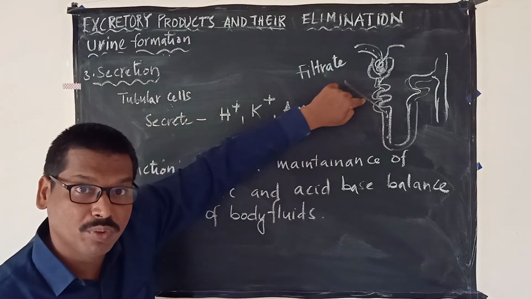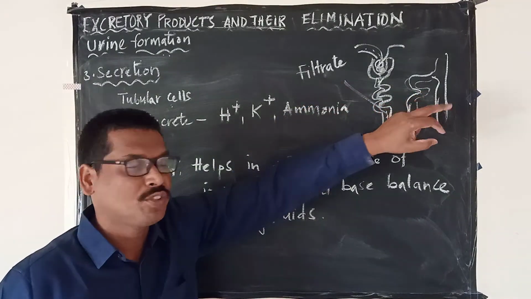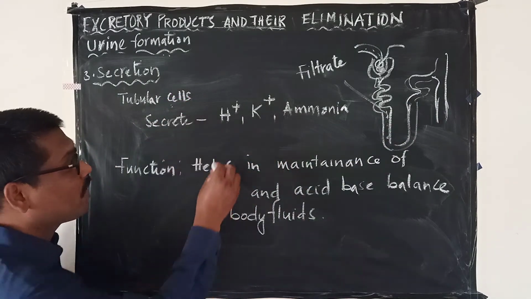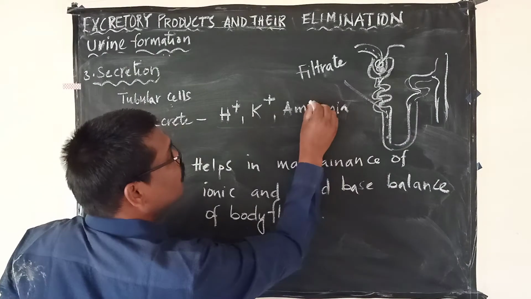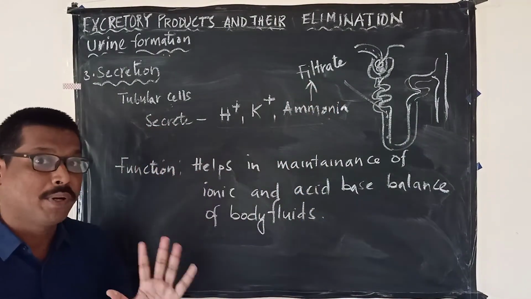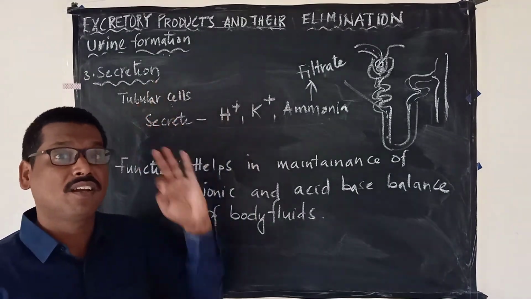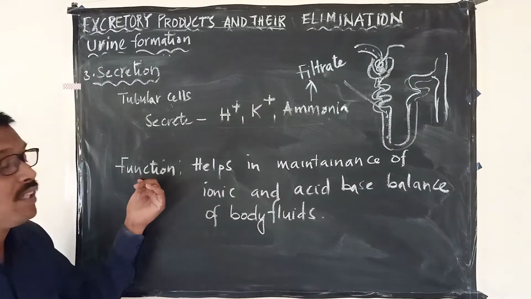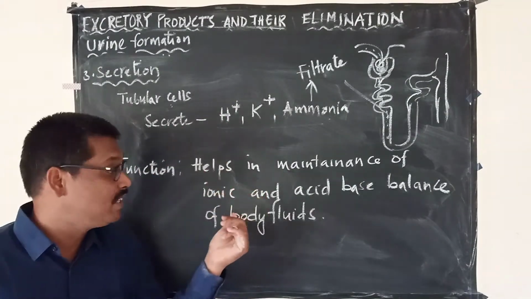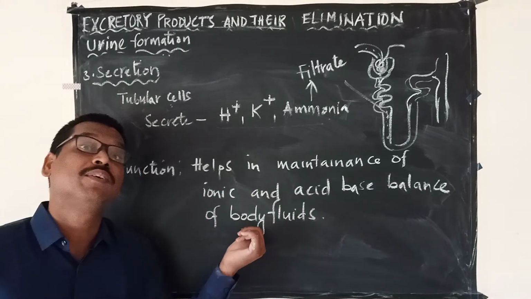Into this filtrate that is moving, the cells of the tubule, in the proximal convoluted tubule, Henle's loop, distal convoluted tubule or collecting duct, called tubular cells, will be secreting all these substances into the filtrate. For what purpose? It is very important for this step, known as secretion. The most important function is that it helps in maintenance of ionic and acid base balance of body fluids.